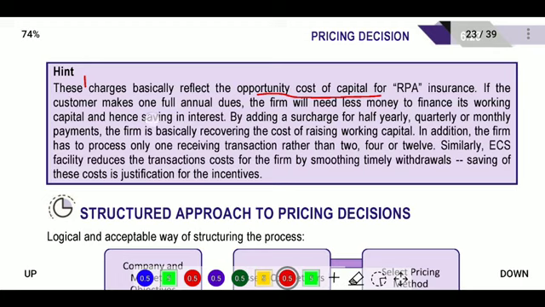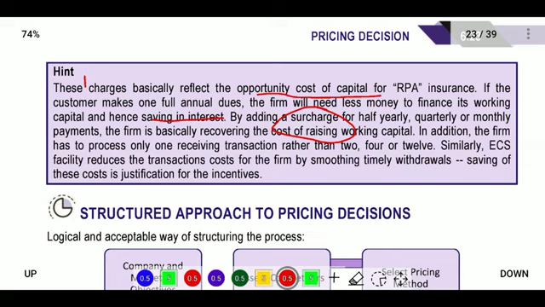By adding a surcharge for half-yearly, quarterly and monthly payments, the firm is basically recovering the cost of raising working capital. And if the customer pays the full amount, we save the finance interest and provide that as a discount. So it is an opportunity cost.